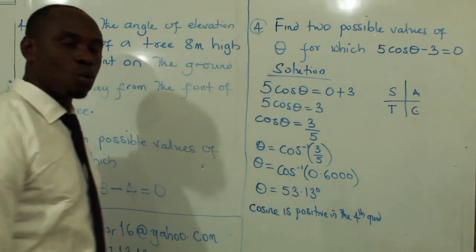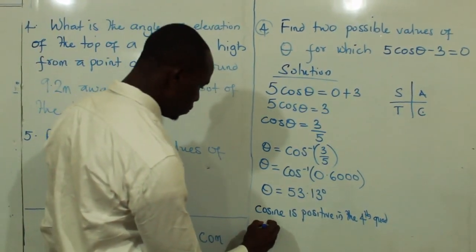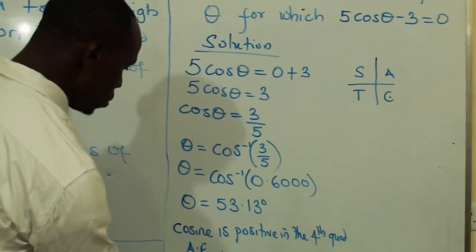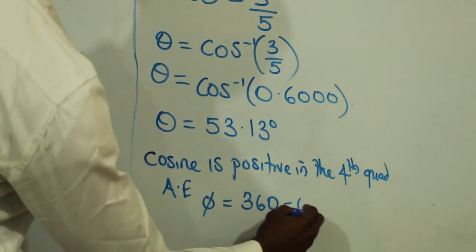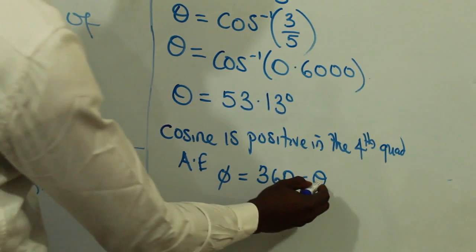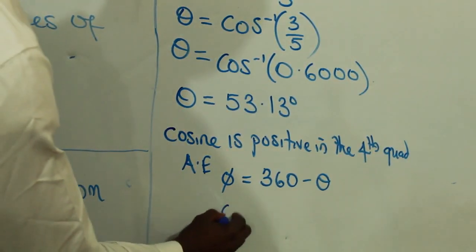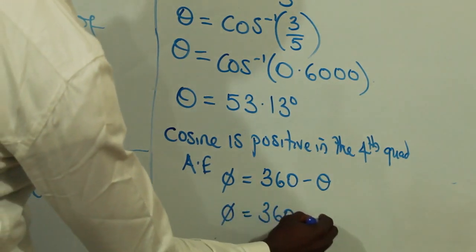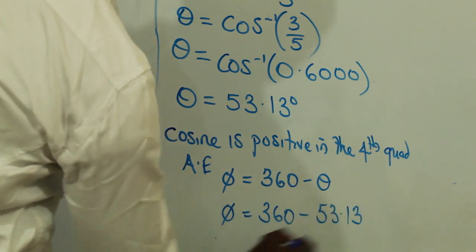And the acute equivalence in the 4th quadrant was phi equal to 360 minus theta. If you notice, theta has been found here as 53.13. Therefore, phi becomes 360 minus 53.13.